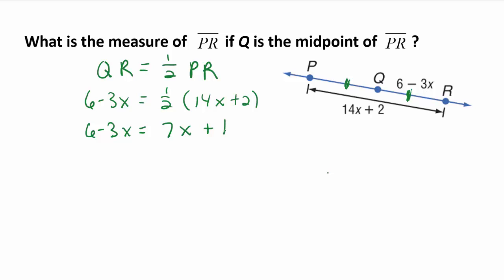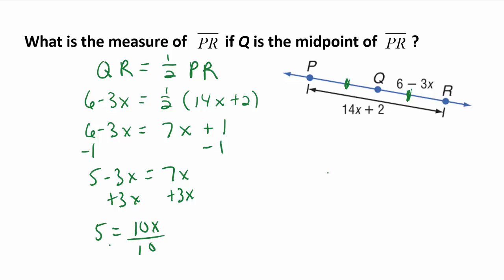Now let's continue to solve for x. We can subtract 1 from both sides. We're left with 5 minus 3x equals 7x. Add 3x to both sides. 5 equals 10x. Divide by 10 on both sides. We'll just write over here that 1/2 equals x.